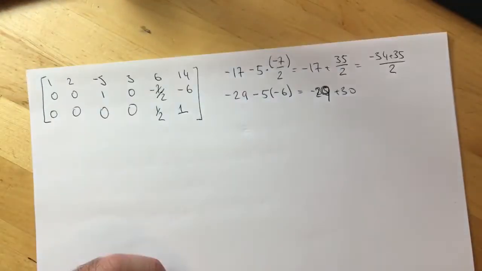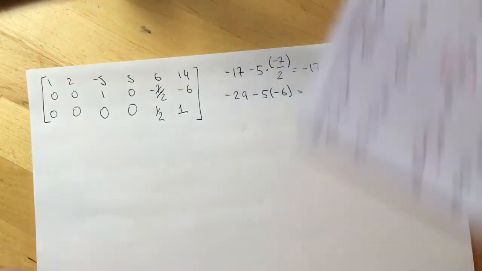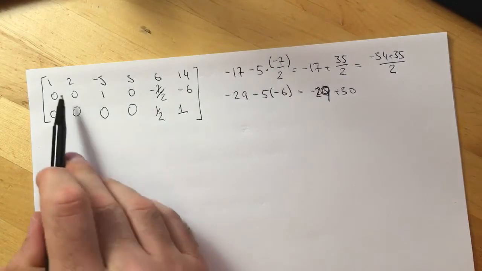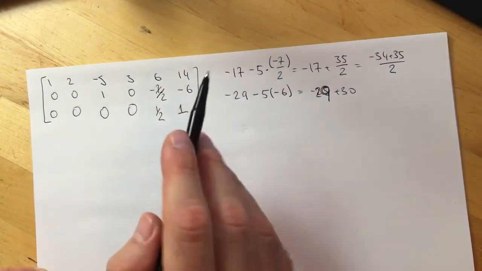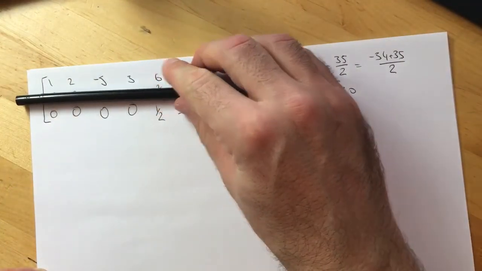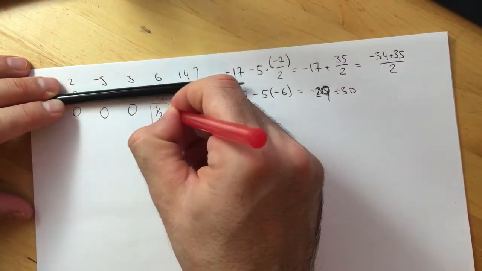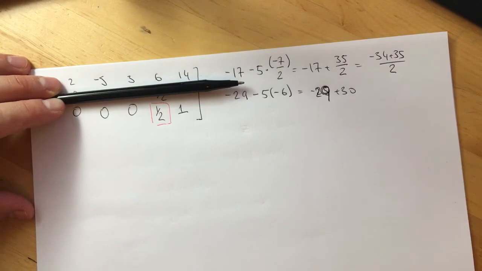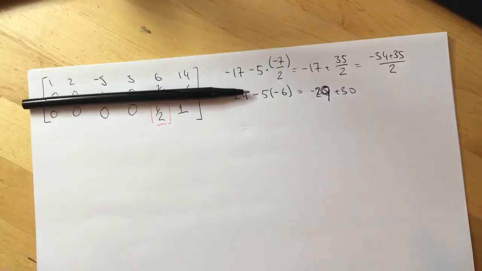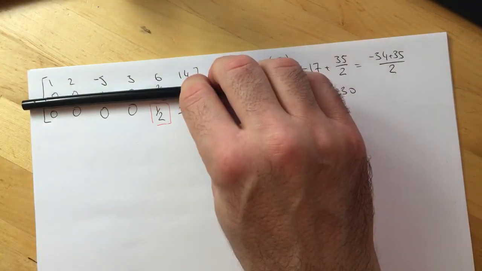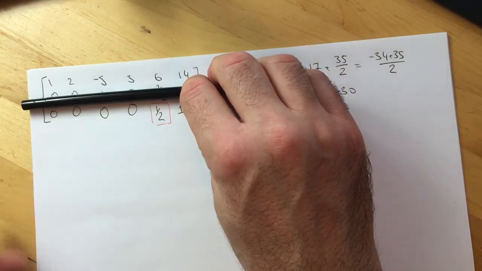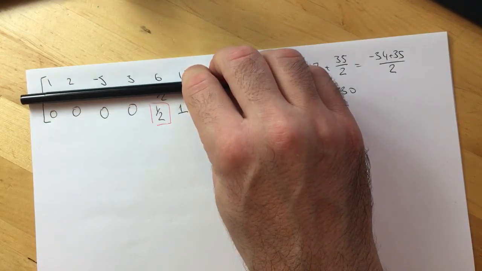Okay, so now we continue. You cover the first and the second row because the first row is done, second row is done, right? Now in the third row, what is going to be our pivot position? This one right here. So what do we have to do in order to make that one a leading one? Well, just multiply the whole row by 2.